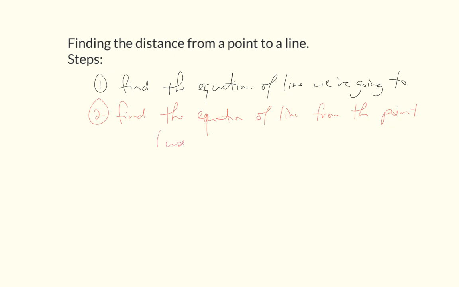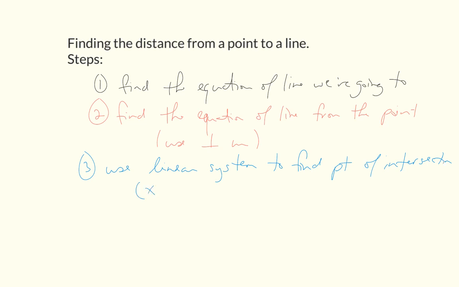And use the perpendicular slope when we do that. Number 3, use the linear system to find the point of intersection. I usually call that X. And number 4 is determine length from the point that we're coming from to that point of intersection.